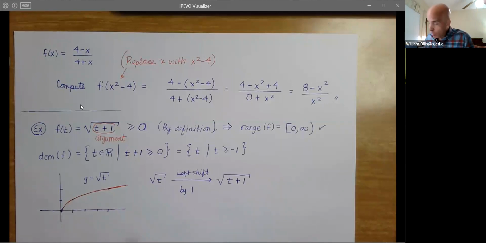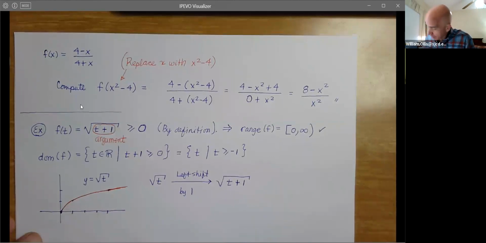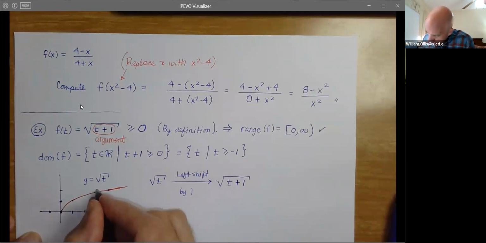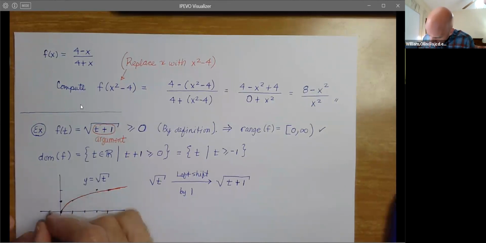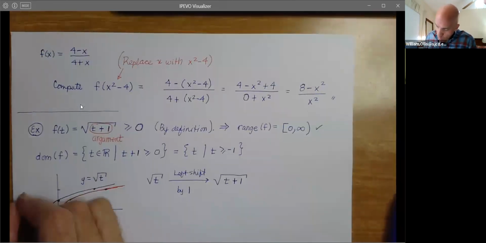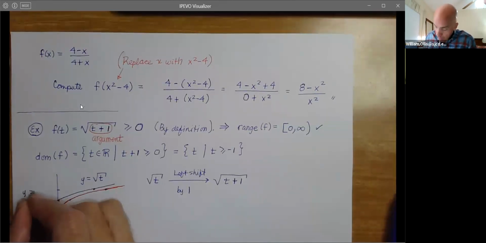So now when we draw this function, I'll use the black, we just shift everything over 1. Here. So this is y equal the square root of t plus 1.